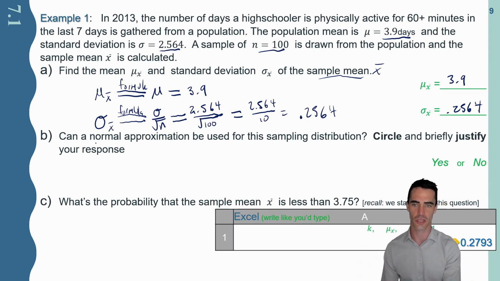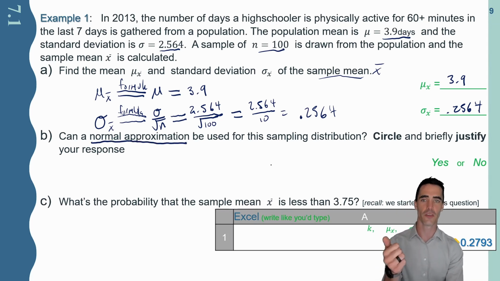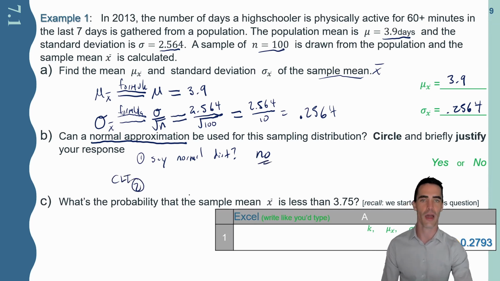And so we should ask the question, can a normal distribution approximate this sampling distribution? There's a couple things we could check. I could read the question and I could say, does it say that we're normally distributed? Because that would be one, that the question will say normal distribution. But no, it does not. So the second way, we call it the central limit theorem. Very powerful theorem.